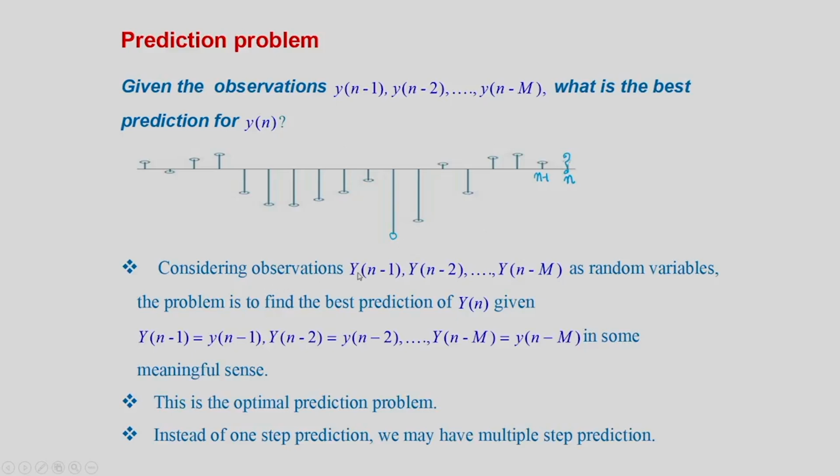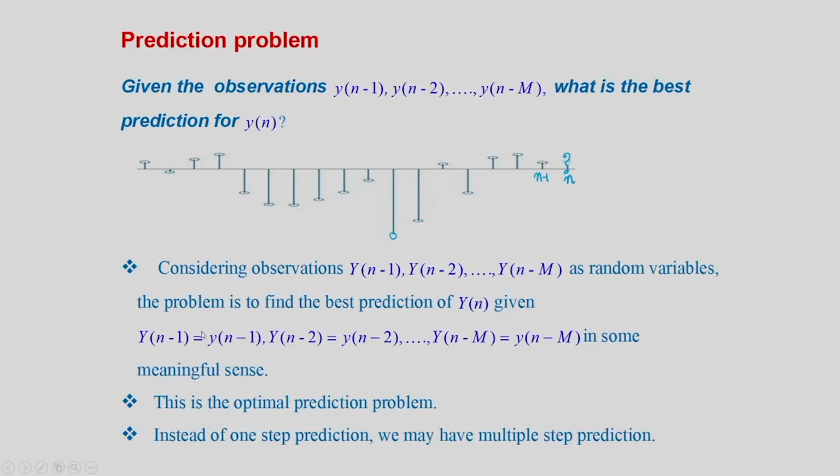Now, considering the observations y[n minus 1], y[n minus 2] up to y[n minus m] as random variables, the problem is to find the best prediction of y[n] given y[n minus 1] is equal to small y[n minus 1], y[n minus 2] is equal to small y[n minus 2], like that y[n minus m] equal to small y[n minus m].